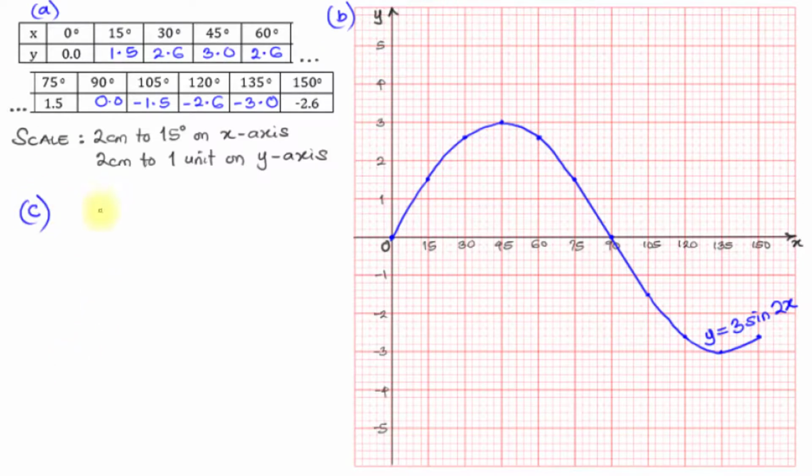And here we are told that 3 sine 2x plus 2 is equal to 0, but we've been able to ensure that this is the same as y is equal to minus 2. Okay, so we can just draw our straight line. This is minus 2 on the vertical axis, and we can just plot our graph straight.